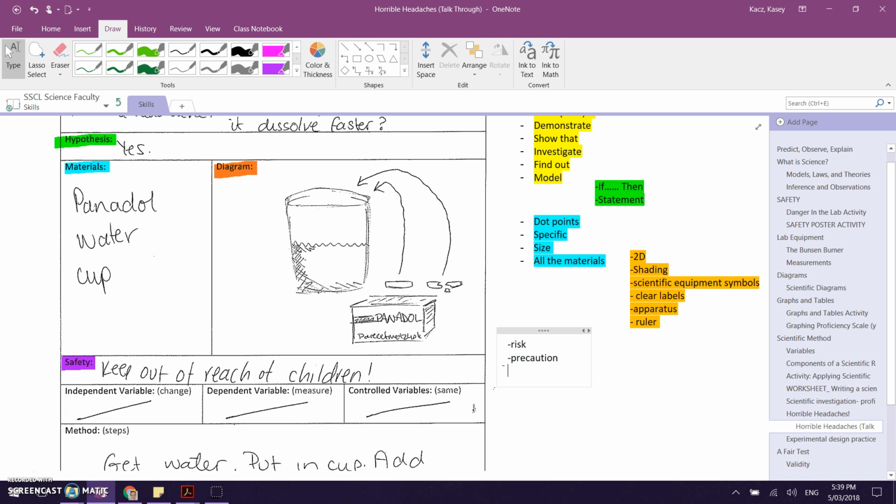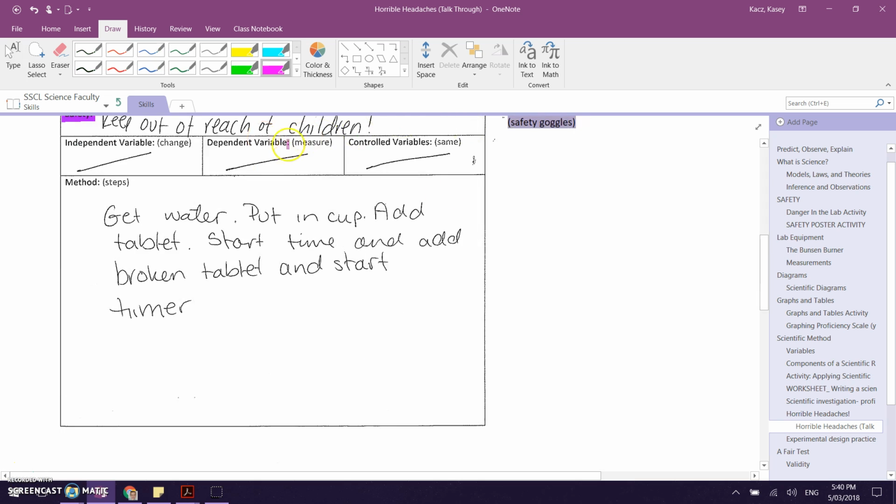And an easy one for this is usually safety goggles or gloves. So the types of variables are listed here, and you may know how to fill this in, but I'm not going to cover that in this video. So if you know what the independent, dependent, and controlled variables are, then you're welcome to fill that section in.